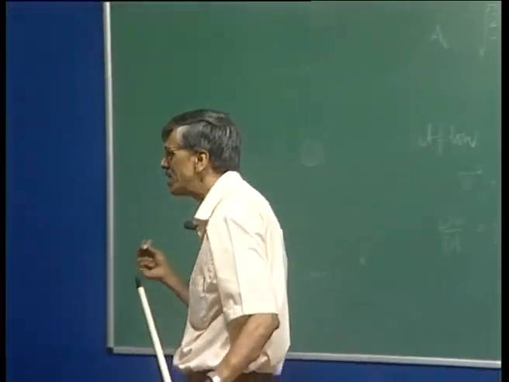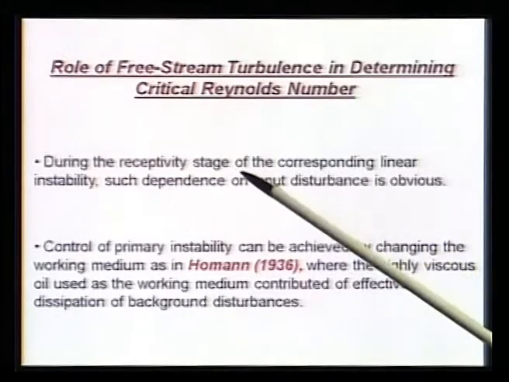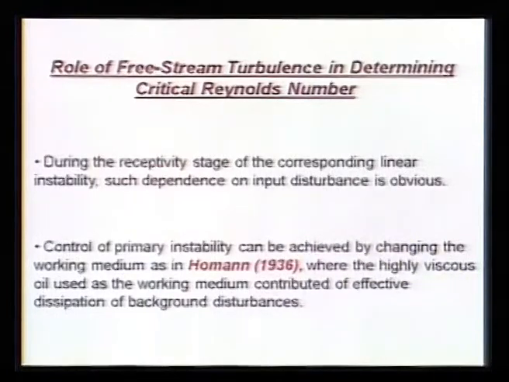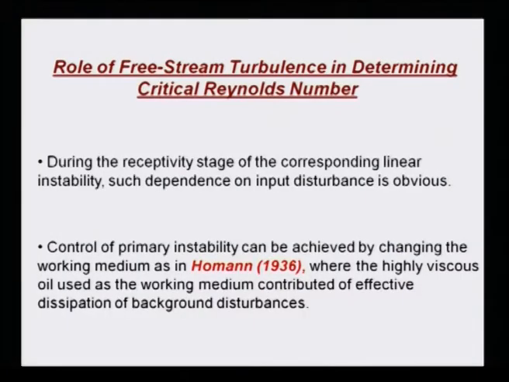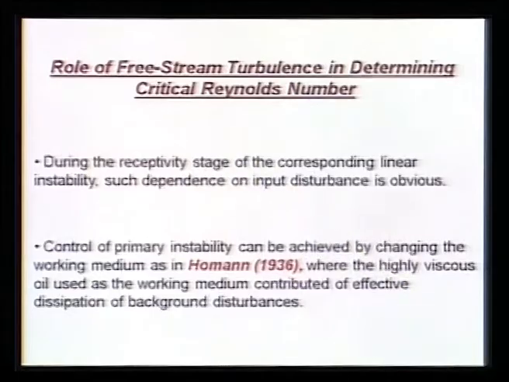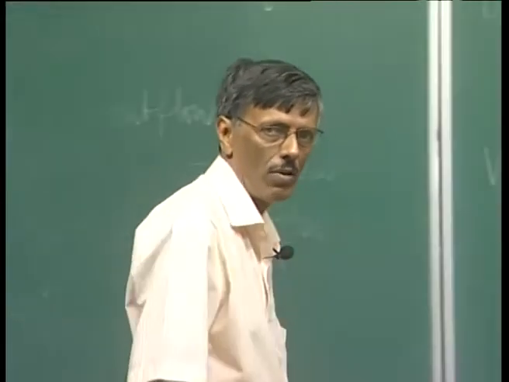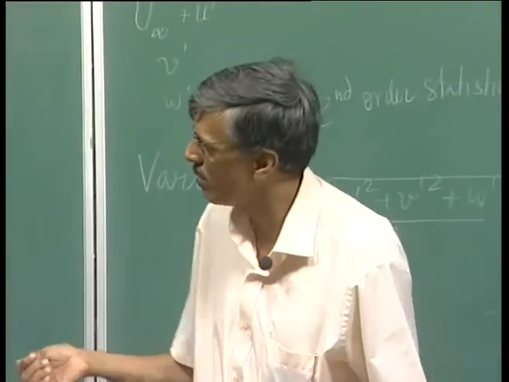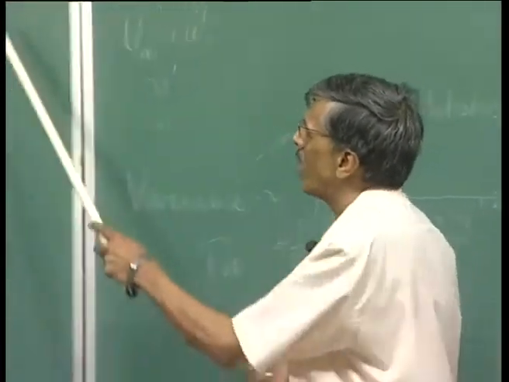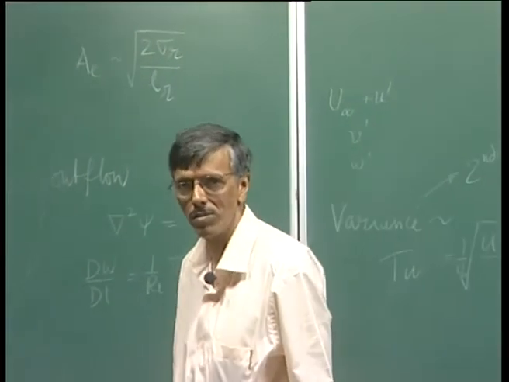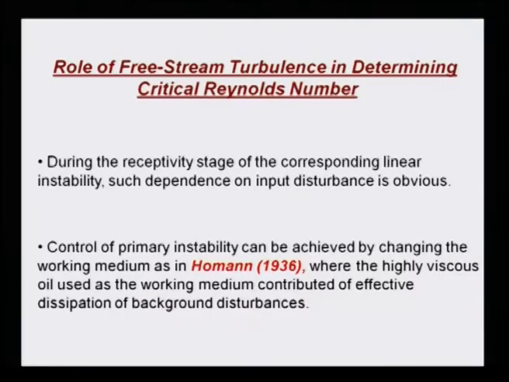So that is the reason we must have strong dependence on the input disturbance, the way we are going to get the instability itself, because that is how it begins. So for every Reynolds number, this quantity sigma r depends on the background disturbance.